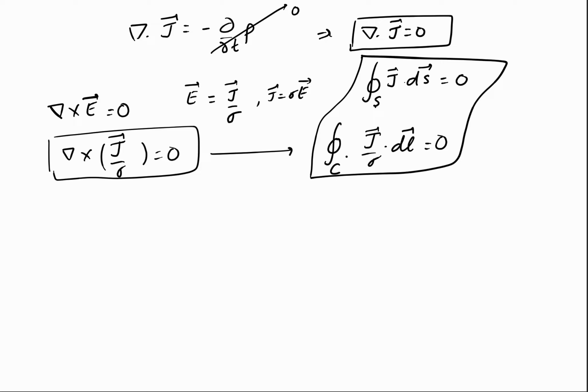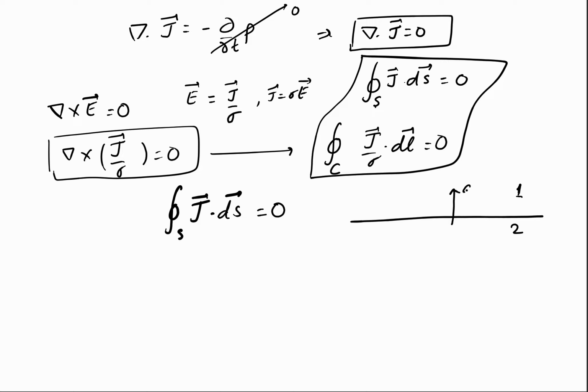Now from these two we can find the boundary conditions. So from J dot dS over a closed surface S is equal to 0, by making a Gaussian surface or pillbox. Let us say this is medium 1, this is medium 2, and this is a_n2, and this is a_n1.